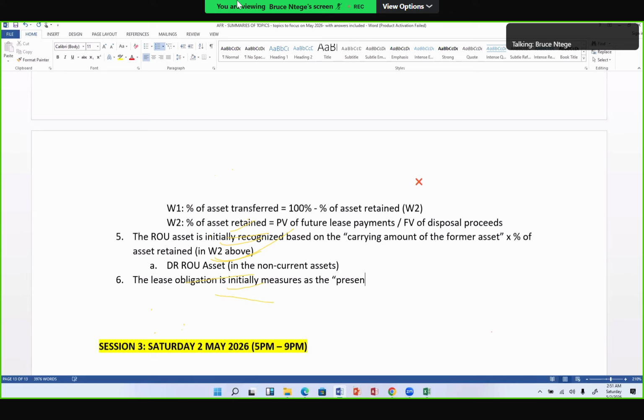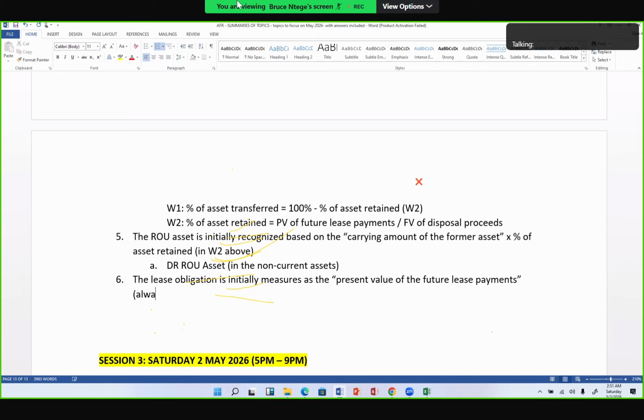They will not make you compute it the way they would have done for the normal lease obligation we've just done, where they would have given you the rent per year and the interest rate in the contract. Here they will give it to you. They will have calculated it for you. I'm saying that this is always given in the exam. So these are the 6 key things you need.